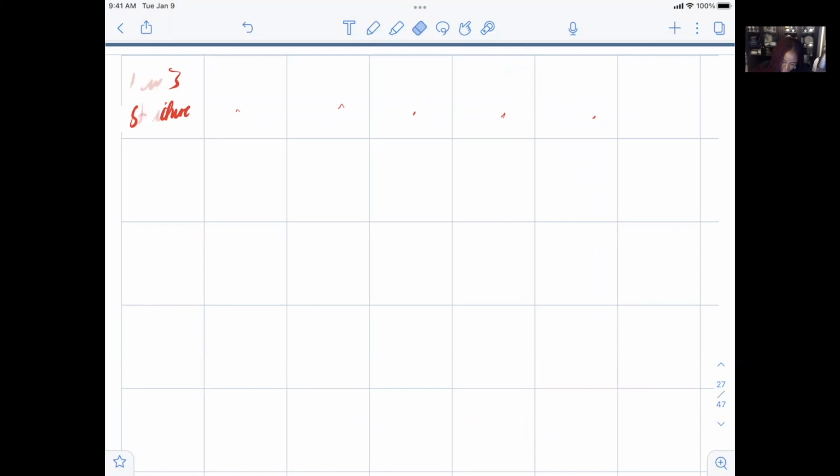So back here, I'll do the formula. Lewis structure. Number of bonded groups. Now the context here is around the central atom, okay?